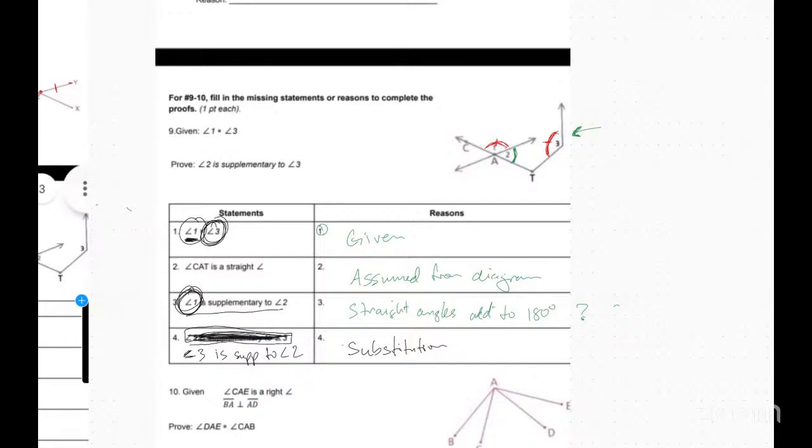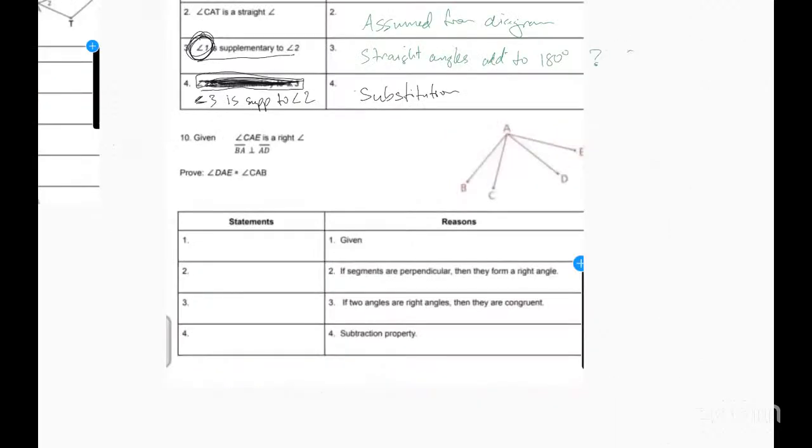Okay. You want to try number 10? Okay. Given CAE is right. So CAE is right, that's what they're telling us. And BA is perpendicular to AD. Perpendicular also means a right angle, right?